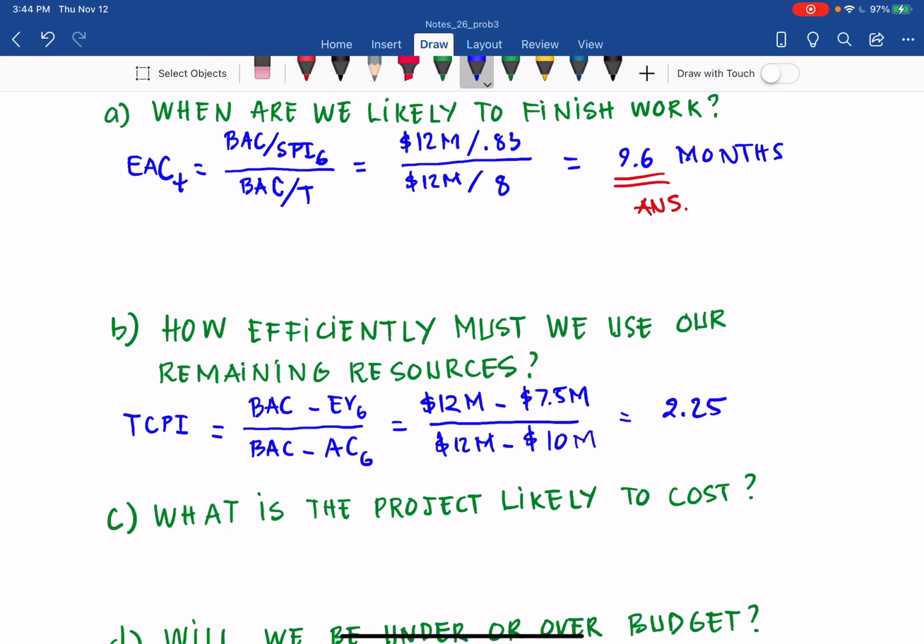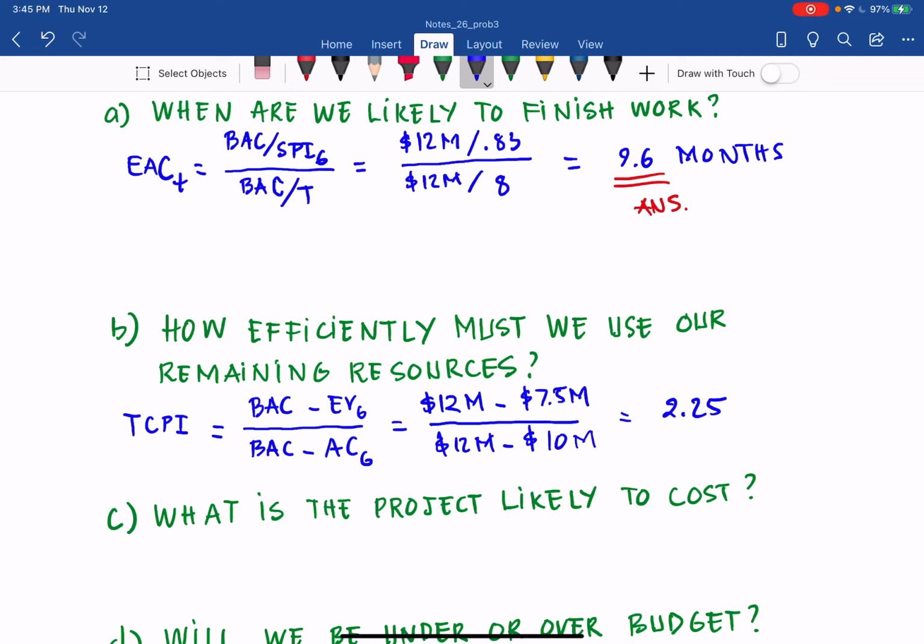It means that because we were not efficient in the first 6 months, for every dollar you spend now, you have to earn $2 and a quarter. Unbelievable, it cannot be achieved. Spend $1, you earn $2 and a quarter. So you see how realistic it is in there.